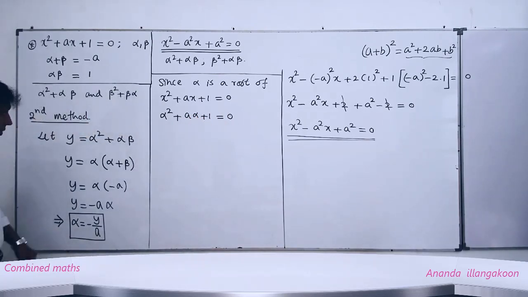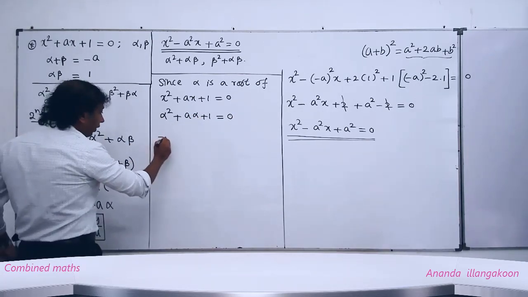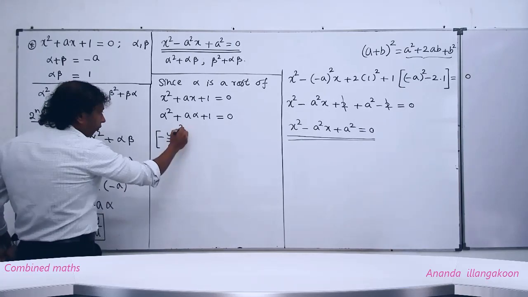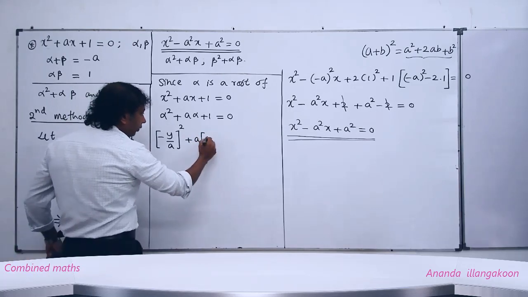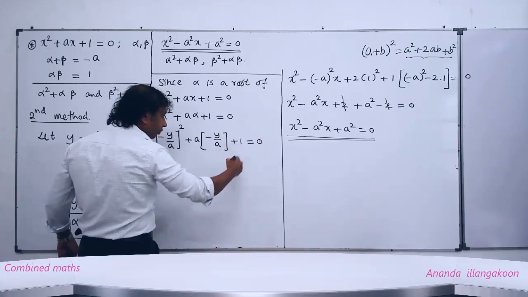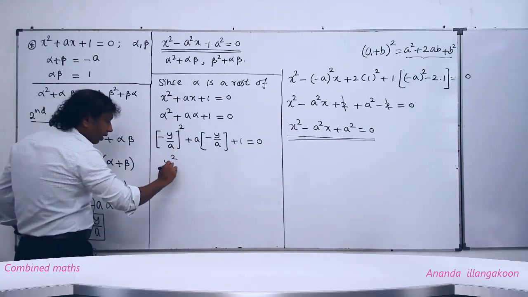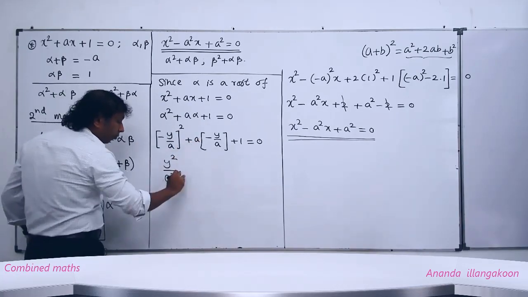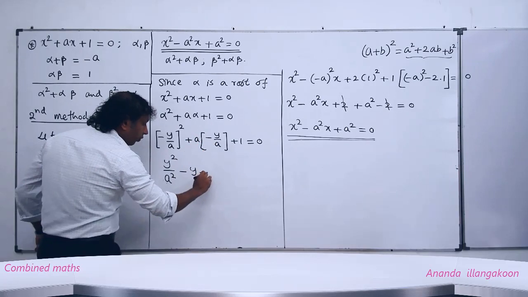But for this alpha, we substitute minus y divided by a, plus 1 equals 0. Now simplify here. Minus squared is plus y squared divided by a squared. Here plus and minus gives minus. When you remove the bracket, this a and this a cancel off. Then we get minus y plus 1 equals 0.